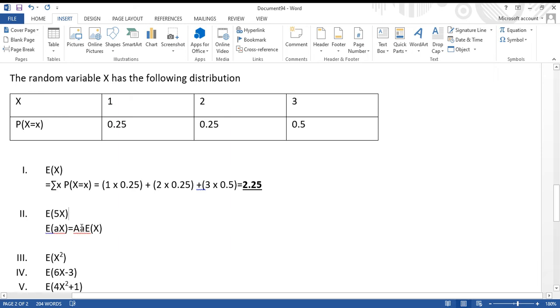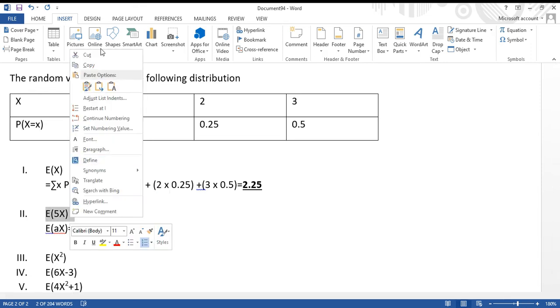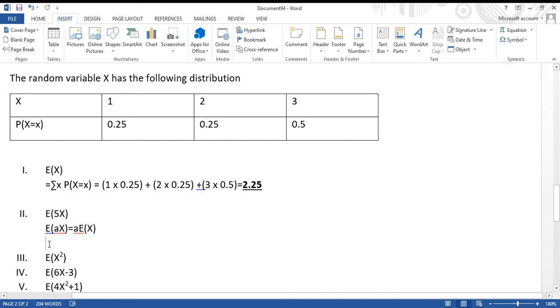So basically, here, our a is 5. So this is going to convert to 5 times E(X), the expected value.